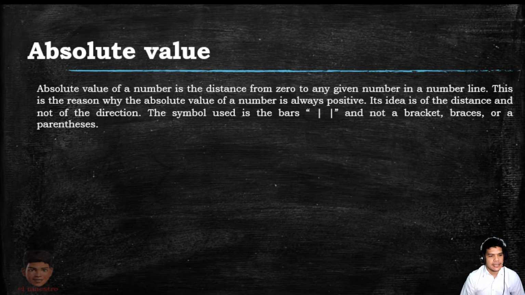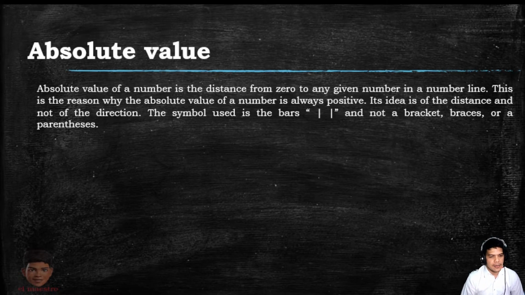This is the reason why the absolute value of a number is always positive. Take note of that, class. It's always positive. Its idea is of the distance and not of the direction. So that's the distance, not the direction.